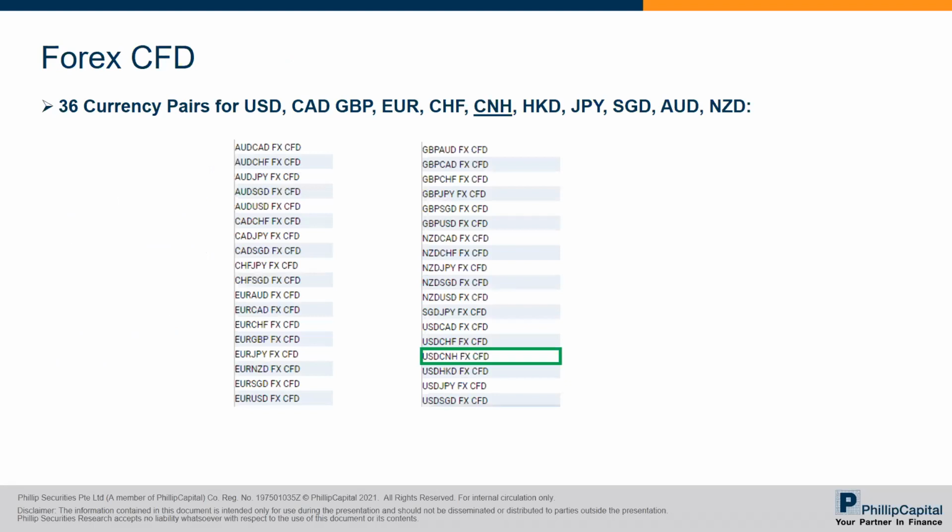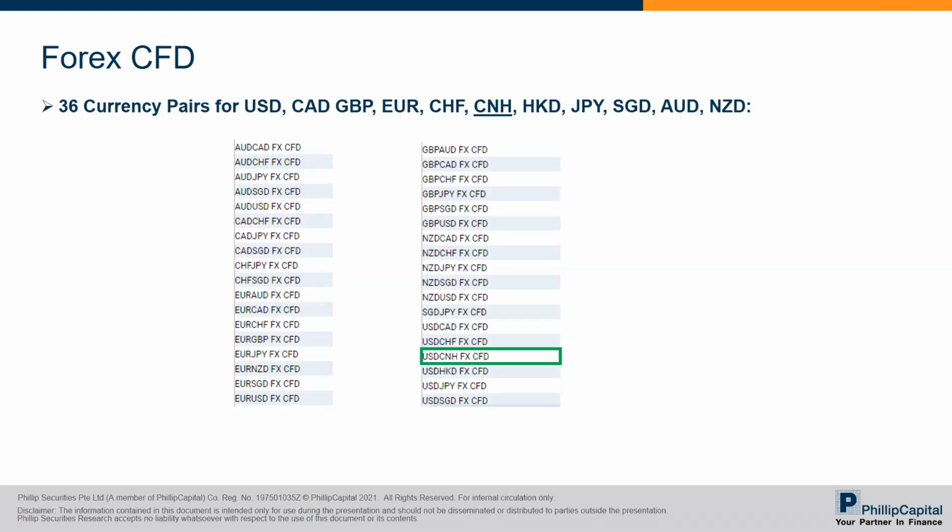At the moment, we also offer trading of Forex CFD. We currently have 36 currency pairs. Most of the major currency pairs will be available for trading, say dollar yen, dollar euro, dollar pound, and dollar Singapore dollar. One thing to note is that we also offer a dollar renminbi contract.